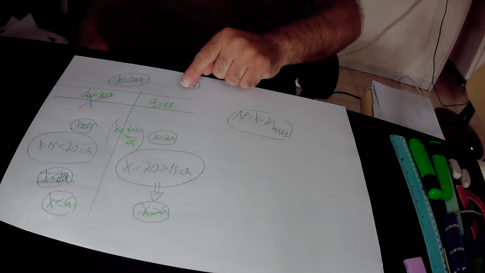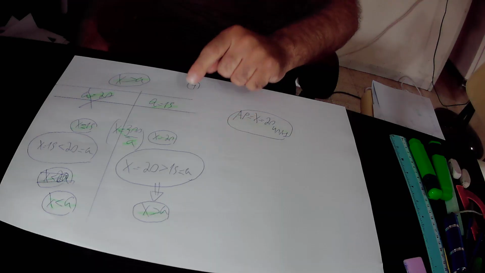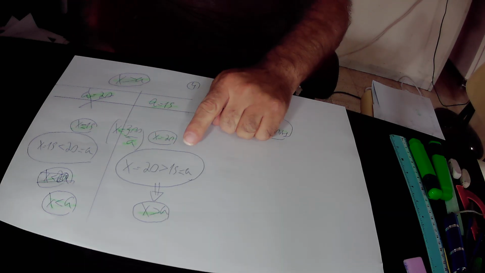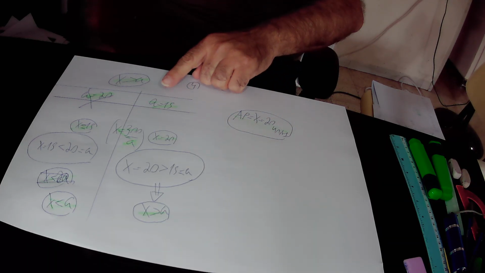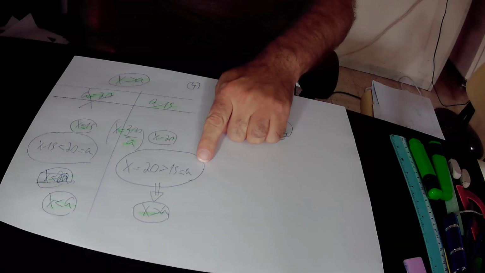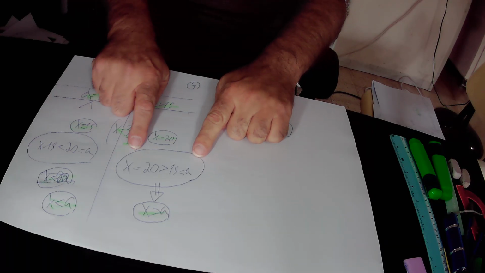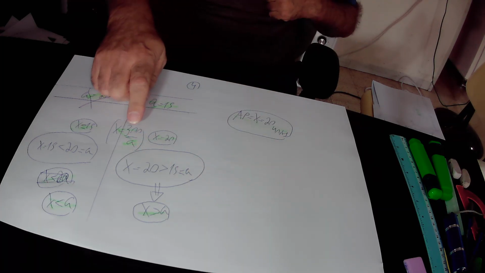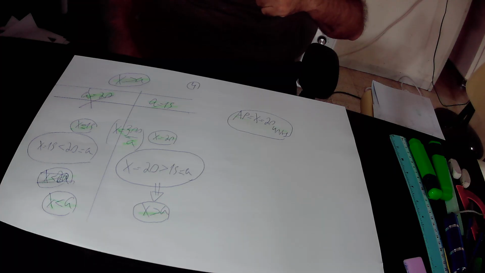So if A equals 15, then X equals 20. 20 is definitely greater than 15, which equals A. From this inequality, we derive that X is greater than A, exactly according to our previous findings.